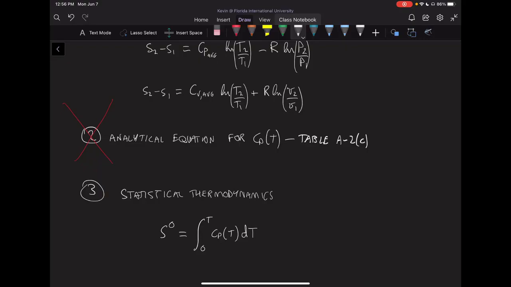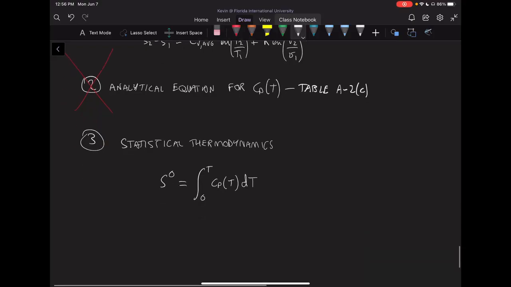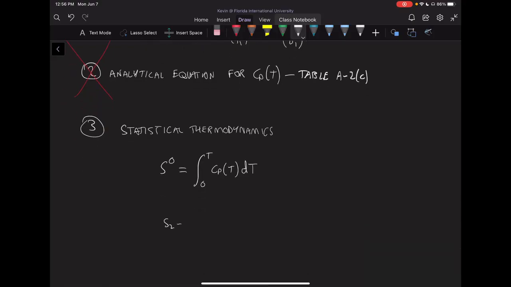Okay, so the equation now gets turned into S2 minus S1 is equal to S2⁰ minus S1⁰ minus R ln of P2 over P1. The important thing here is that we can use this for the Cp equation. We cannot use it for the Cv equation, okay?